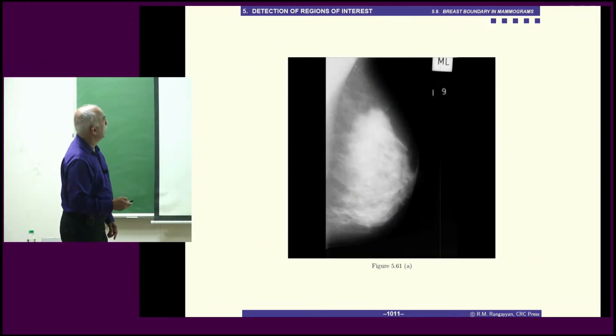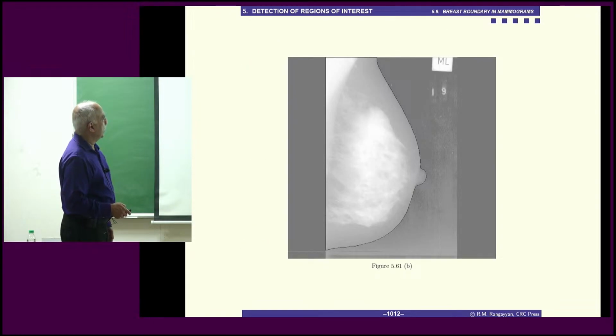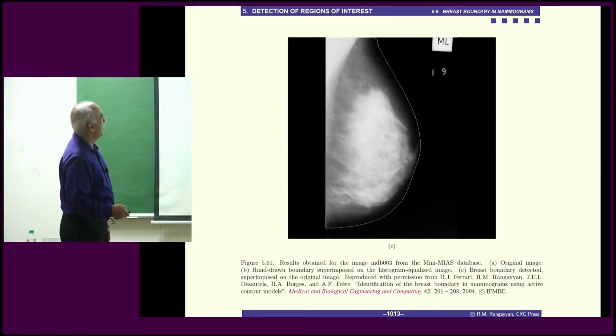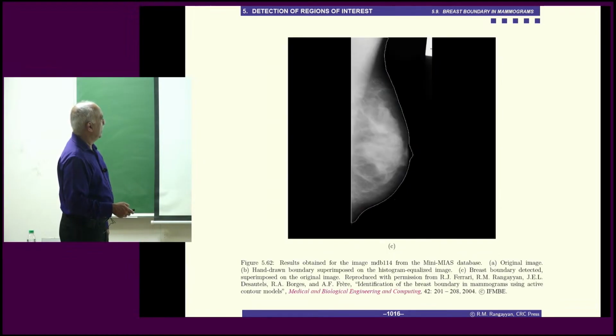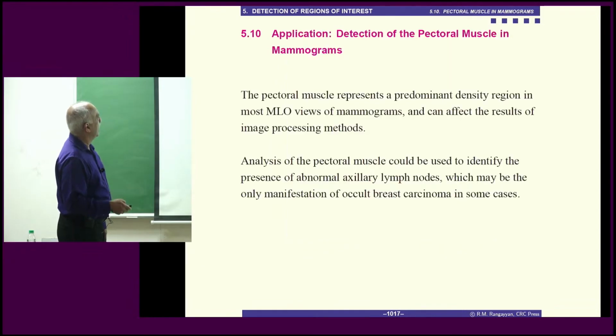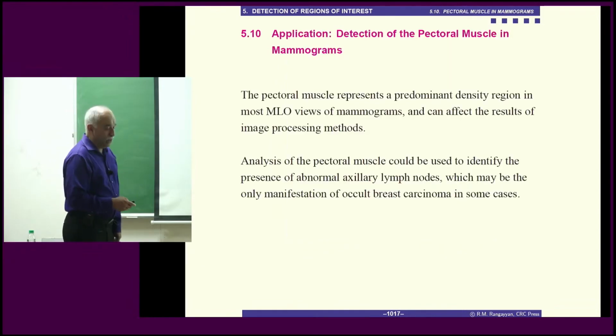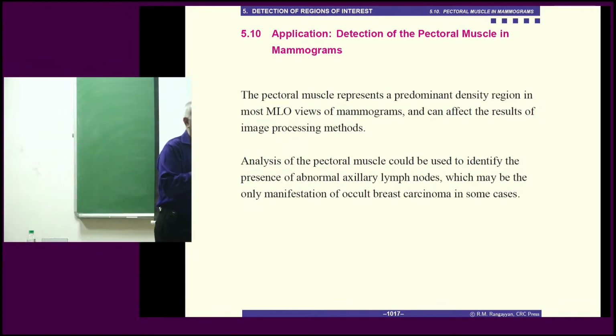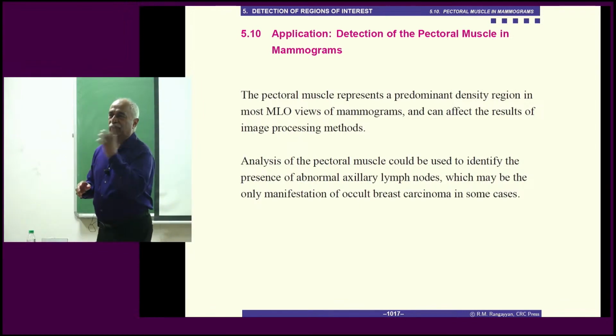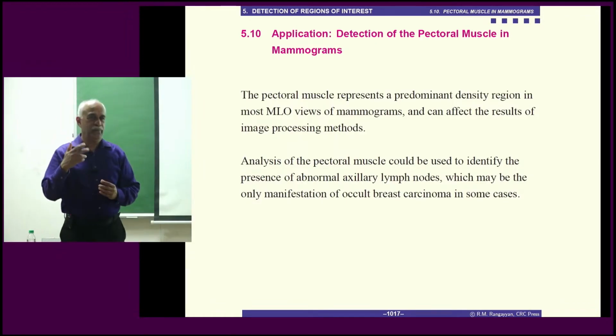So some examples here. That's the detected boundary. In this case, the nipple has been detected. Well, it's clear. Another example. Another example. And we'll stop there. The evaluation was done by giving the detected contour to the radiologist, and they ranked it.